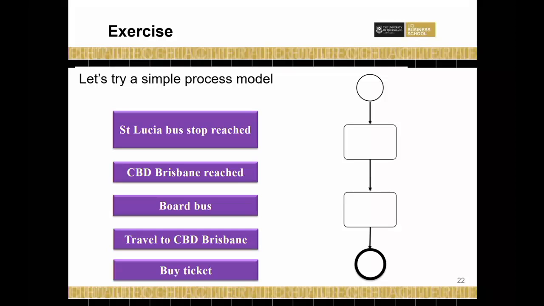Just get going. Now you have 1 minute. Bring them in the right order. What's first? You have to identify what is the event, what is an activity, and then you bring them in the right order.